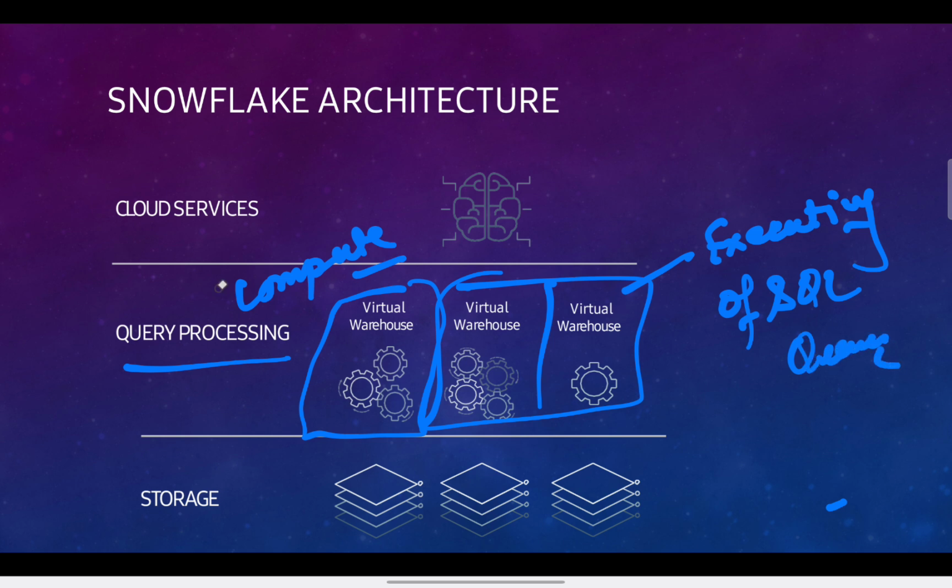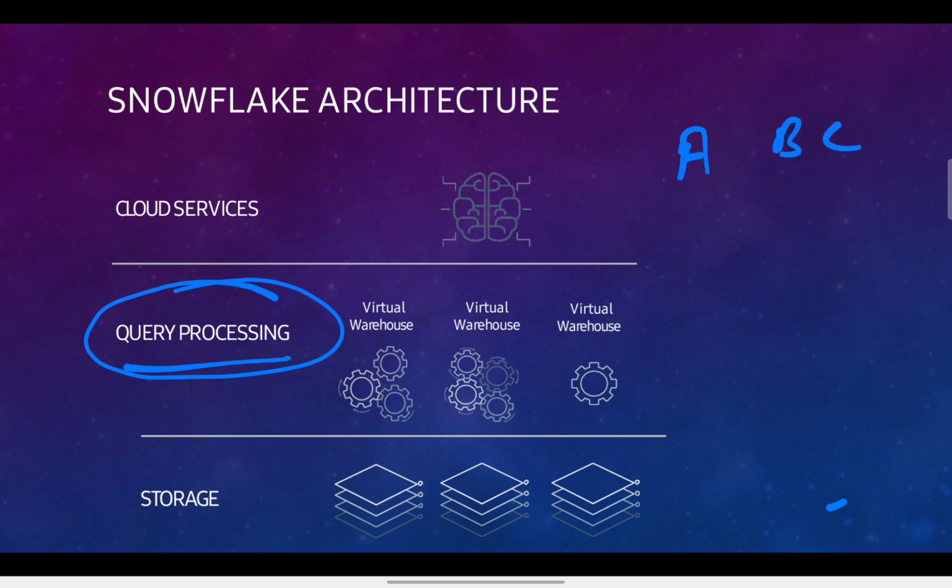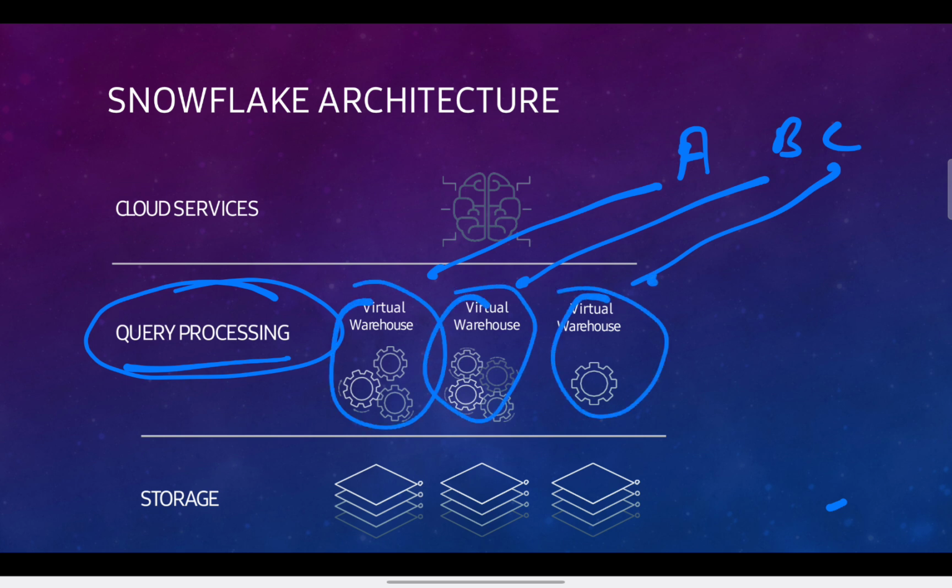with parallel processing. For example, if you are writing three different queries A, B and C, this layer separates these queries across different virtual warehouses, and there are different sizes for them also.